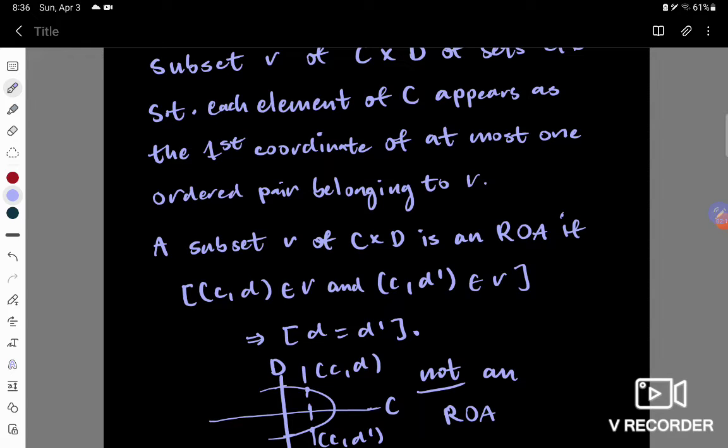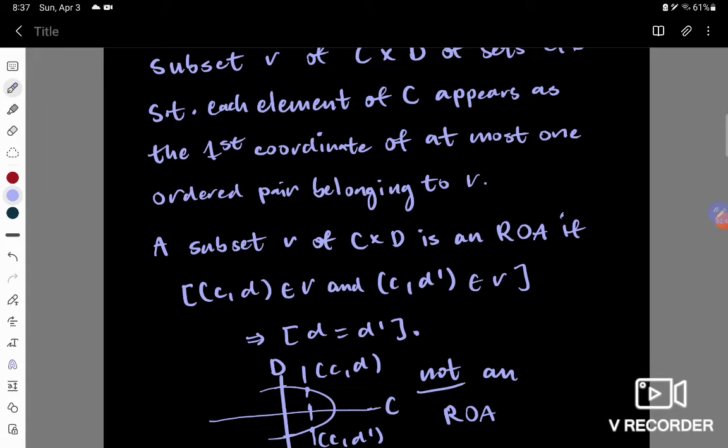If we want each element of C to appear as the first coordinate of at most one ordered pair, if we have two ordered pairs, and then of course by induction more than two, with the first coordinate of this little c here, this element in big C, and if we have these second elements as d and d prime respectively, where they're not necessarily equal to one another, then it is a rule of assignment if and only if this at most one condition is satisfied.